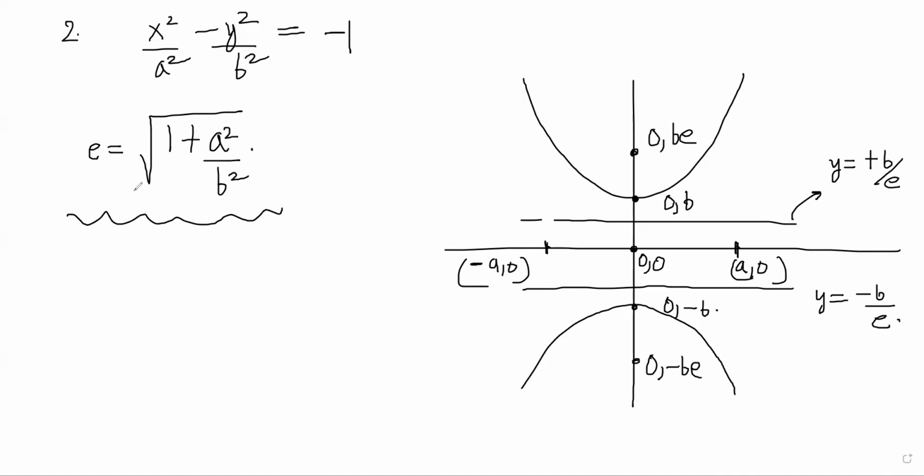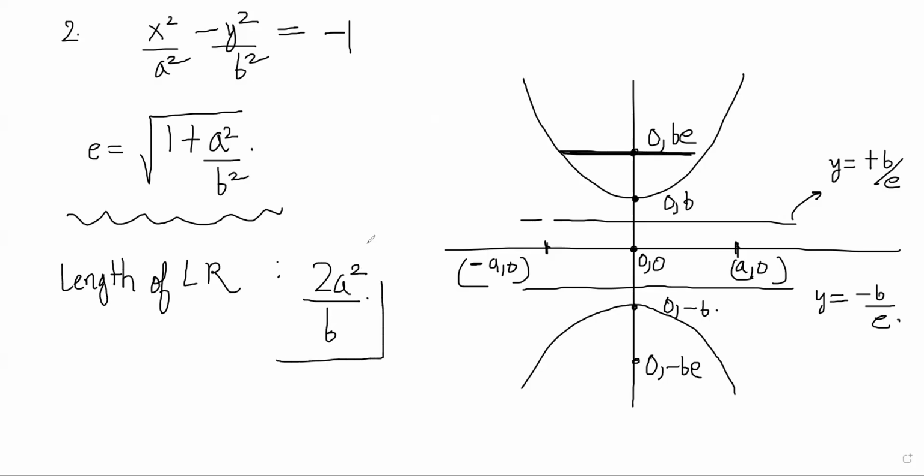Remember in the earlier case it was root over 1 plus b square by a square. The length of latus rectum is also slightly modified. Length of LR, which would be this distance, would be 2a square by b. So that is all the information that you need about the conjugate hyperbola.